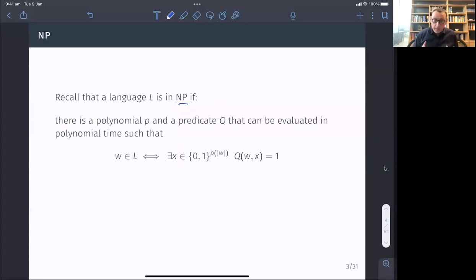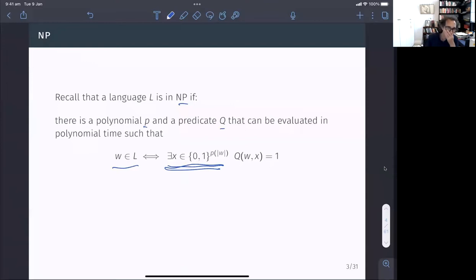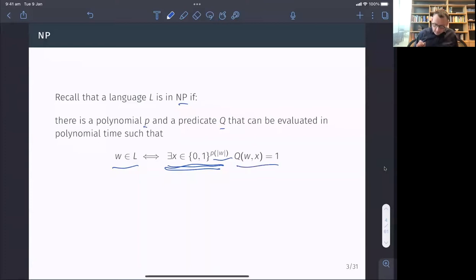A language is in NP if there's a polynomial and a predicate, something that's true or false, that can be evaluated in polynomial time in the size of the input, such that some element is in the language that we're trying to understand, if and only if there exists some witness, something that we can verify of polynomial size in the size of W, such that the predicate is true on both those things.